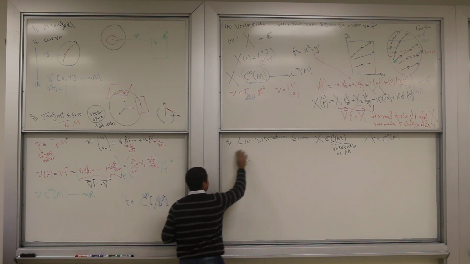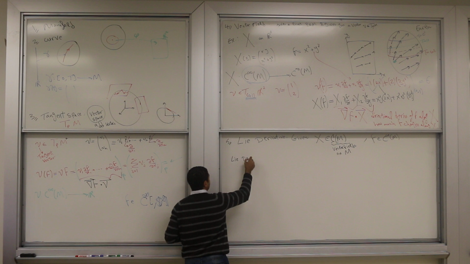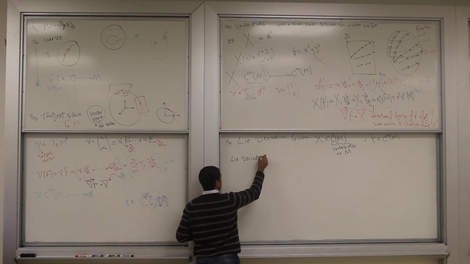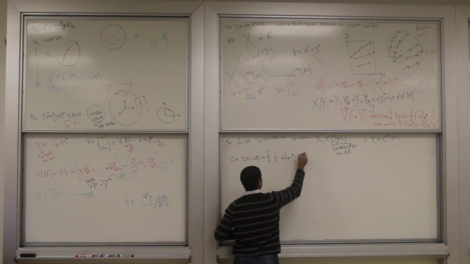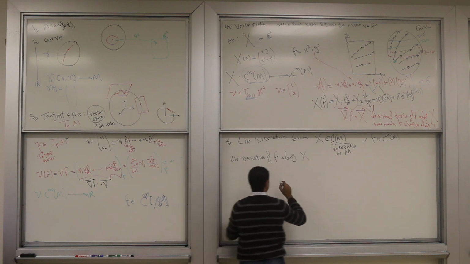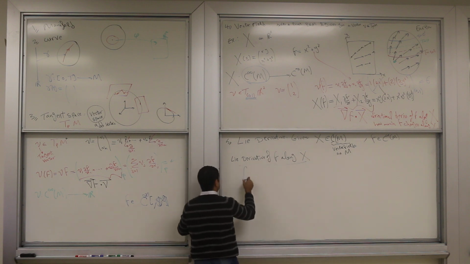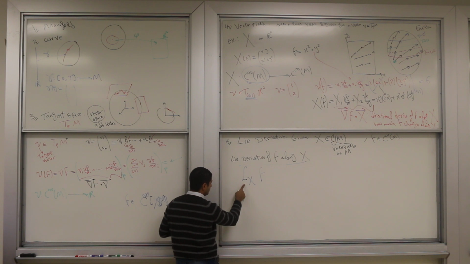We define the Lie derivative of f along x. You can see from the description, this is what we're going to give the symbol L_X f, the Lie derivative of f along x.